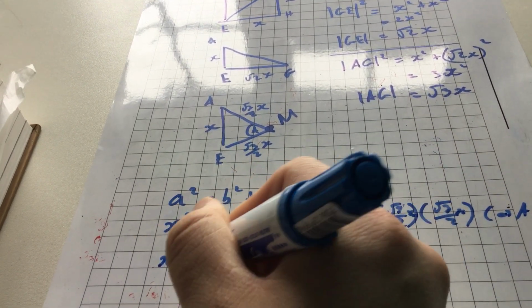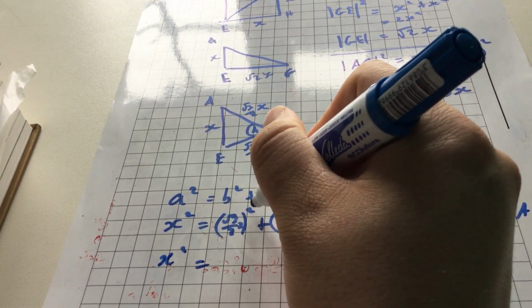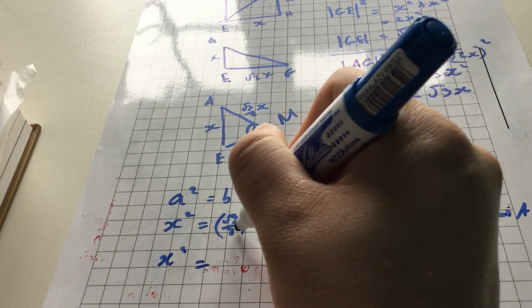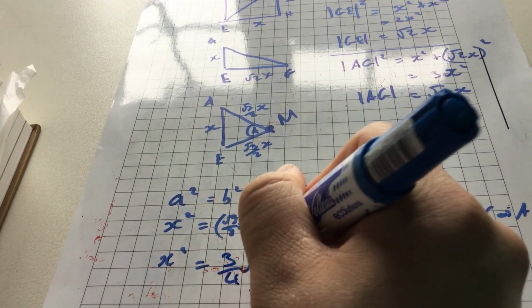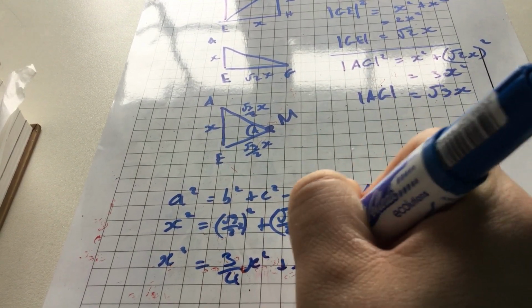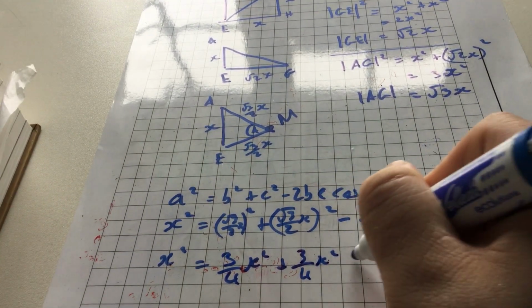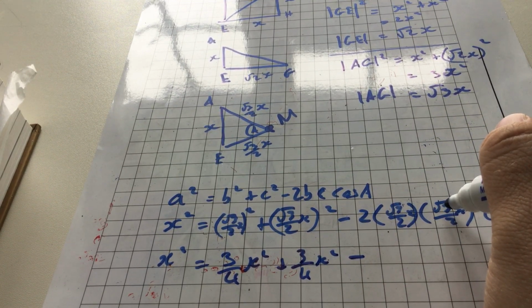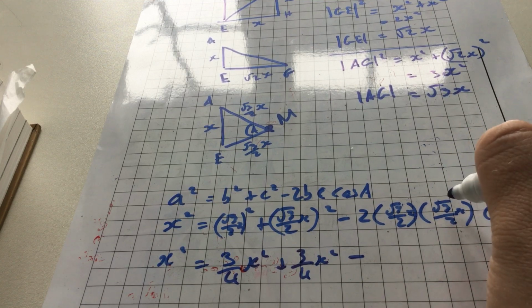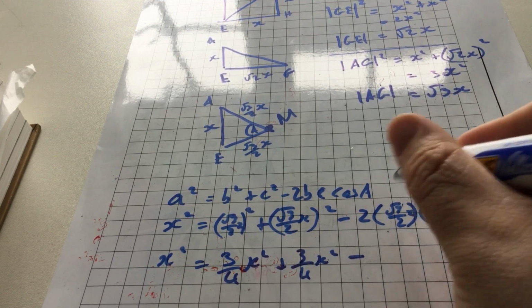So x squared equals root 3 squared is 3, 2 squared is 4, so it's 3 over 4 x squared. This is also 3 over 4 x squared. Minus root 3 by root 3 is 3, 2 by 2 is 4.